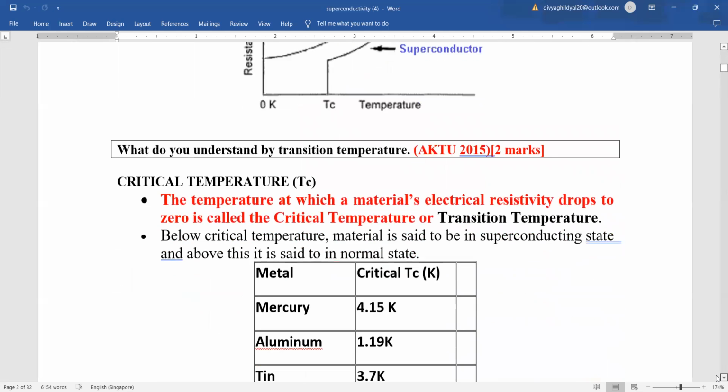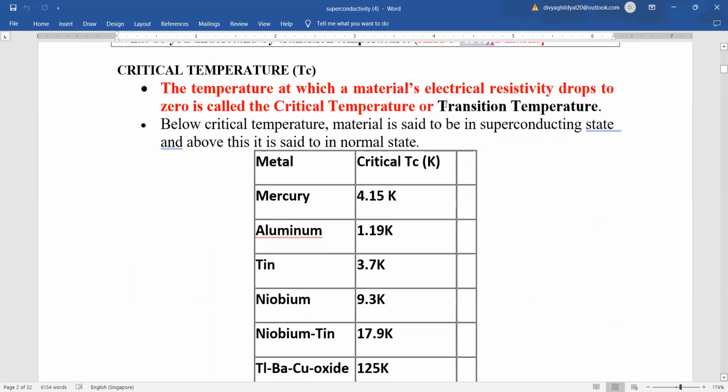So that specific temperature at which the material's electrical resistivity drops to zero is called the critical or transition temperature. That means the change occurs at that place.